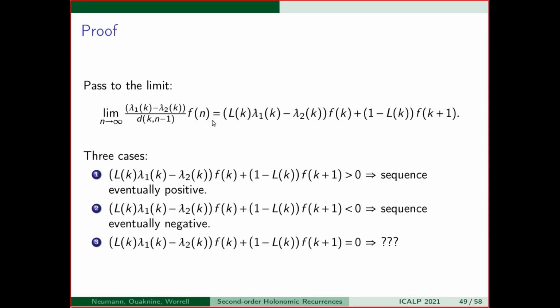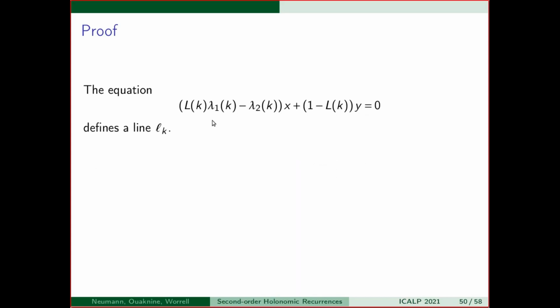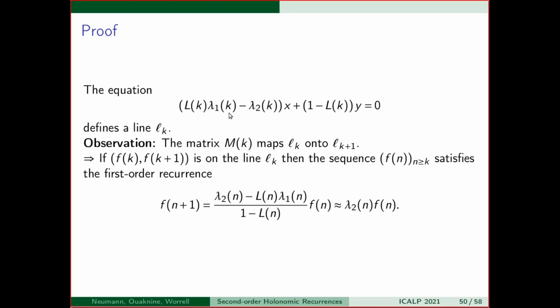So we have to look a bit closer. Now, of course, the right hand side was a linear form in f(k) and f(k+1), so it defines a line L_k in the (f(k), f(k+1)) plane, and it's a relatively simple observation that the matrix M_k maps the kth such line onto the (k+1)st such line, so that if you're once on the line, you're on similar lines forever.